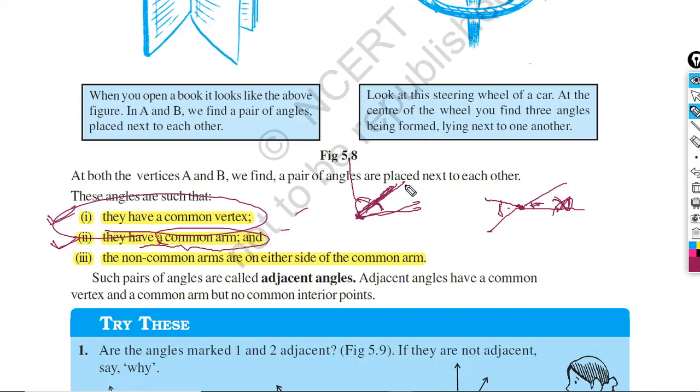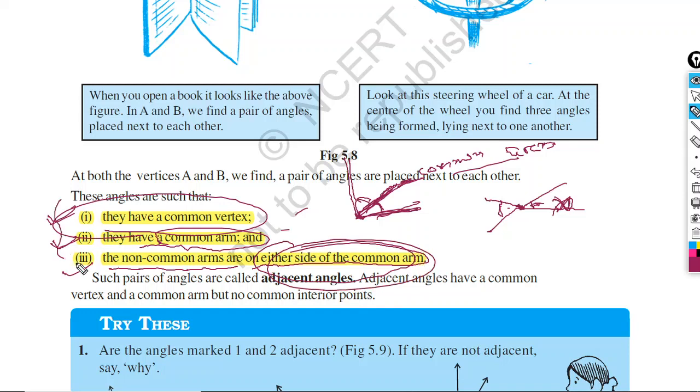And the third condition is the non-common arms are on either side of the common arm. This one is the common arm. The non-common arms, this is a non-common arm, and this is the other non-common arm. The non-common arms must be on either side of the common arm. Write this.